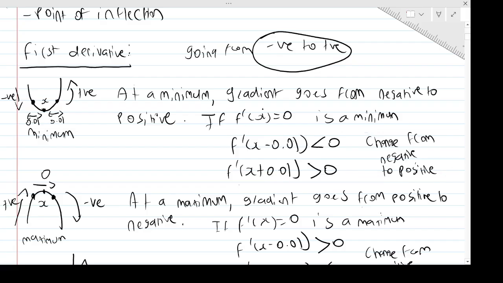Now, with the second derivative, what would that mean? Well, it's going from negative to positive, right? So that means that at the point, overall it's increasing. The derivative is increasing because we're starting from negative and we're going up to a positive. So you can think of it like this: it's just increasing from a negative to a positive value. Okay.